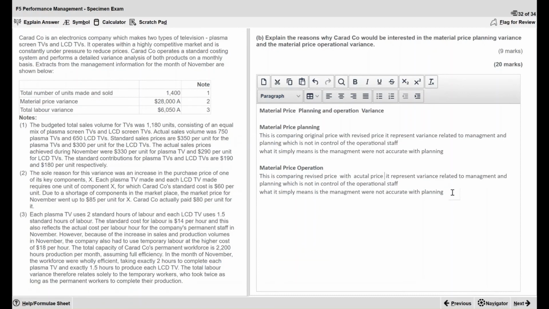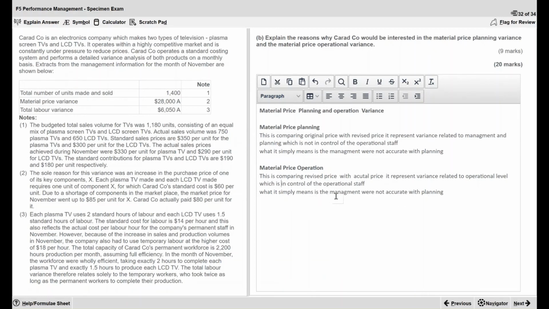It represents variance related to operational level, which is in control of operational staff.